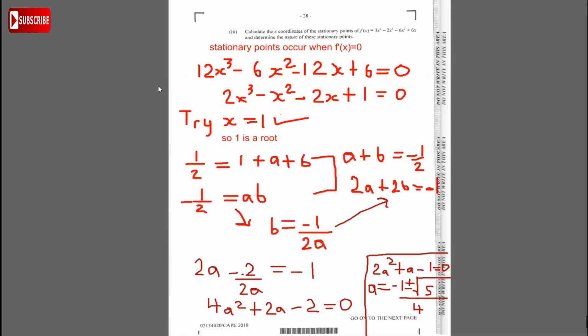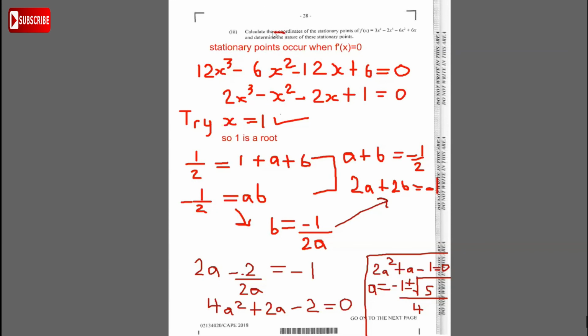So x equal to 1, then you have x equal to minus 1 minus root 5 over 4, and then the next one, minus 1 plus root 5 over 4. So these are the three x coordinates of the stationary points. Now they didn't ask us to find y, they only said x coordinates.